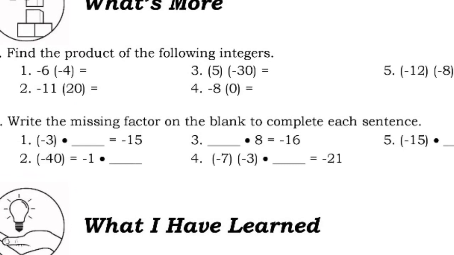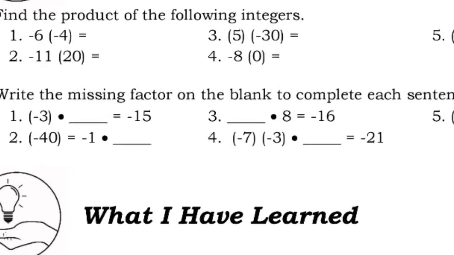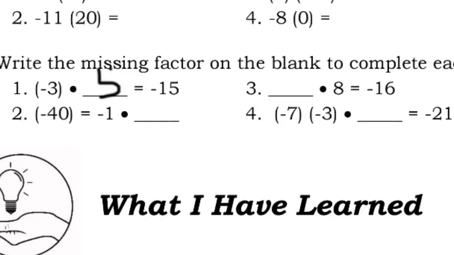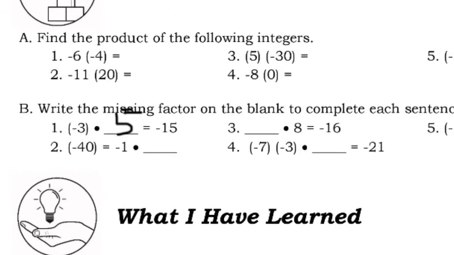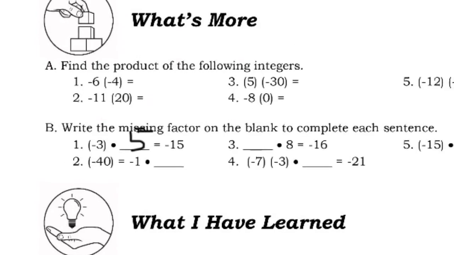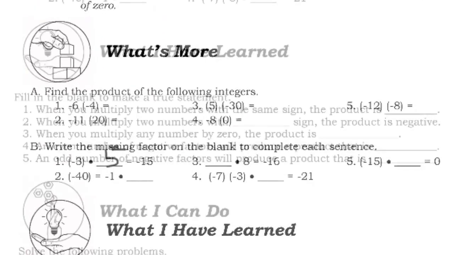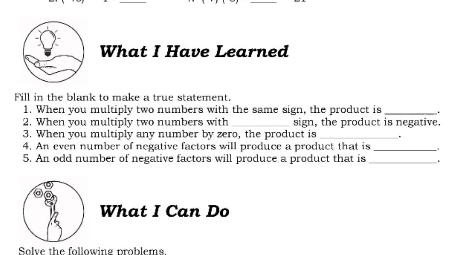Since the product here is negative 15 and the given factor is negative, and negative times positive is negative, our answer should be positive. So our answer here should be 5. Negative 3 times 5 equals negative 15. So kindly answer numbers 2, 3, 4, and 5. Then what I have learned, so you'll just fill in the blank to make a true statement.